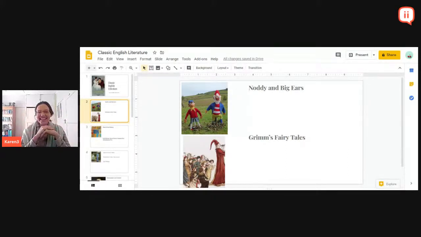Okay, so if you are really a beginner, you can begin with Noddy and Big Ears. They were detectives, okay? Enid Blyton, an English writer, wrote about them, and they solved crimes.